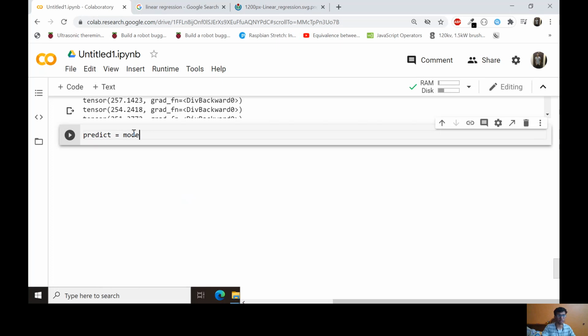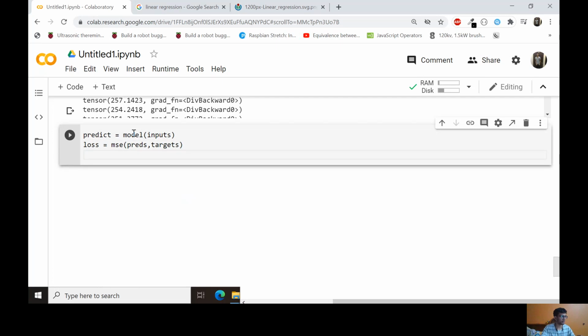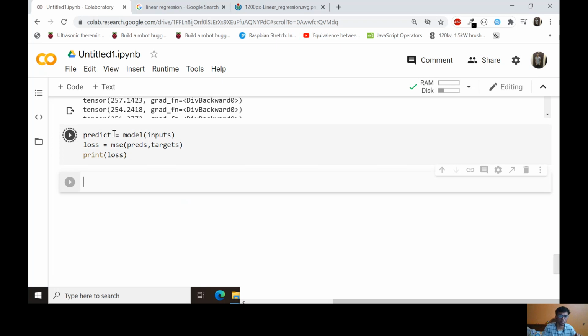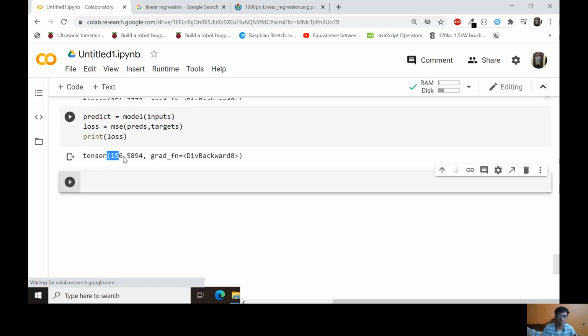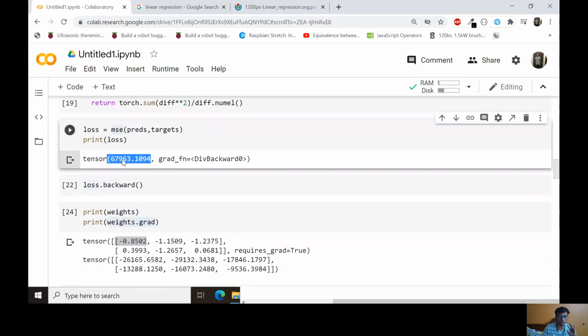Now if I write preds is equal to model of inputs, it will be near to 140 or something. Preds, target. Near 156. That's really nice, because initially it was 6,000 or something.